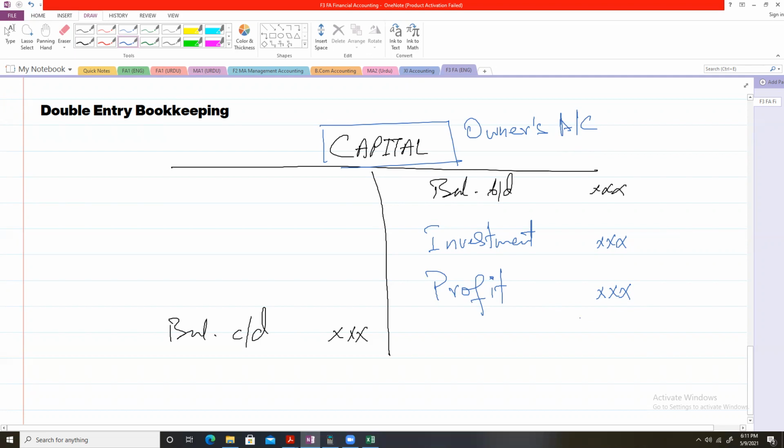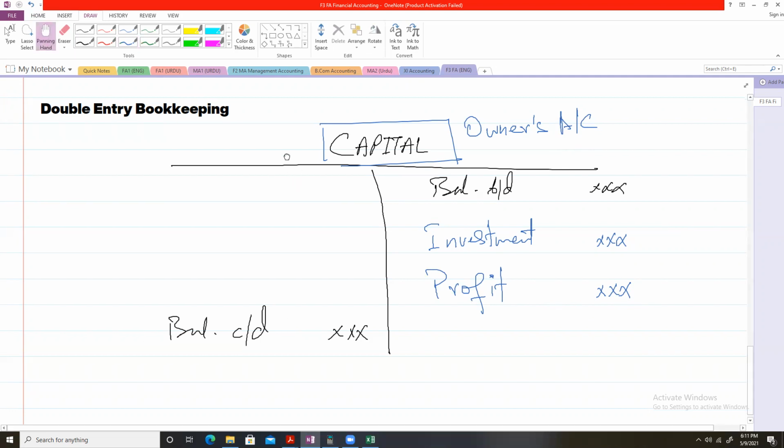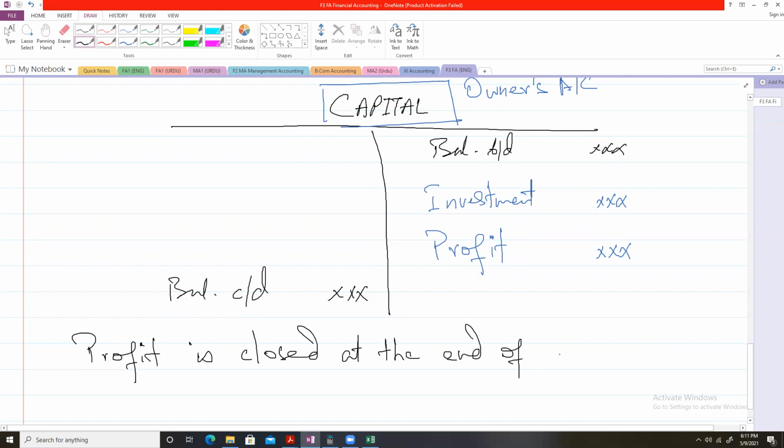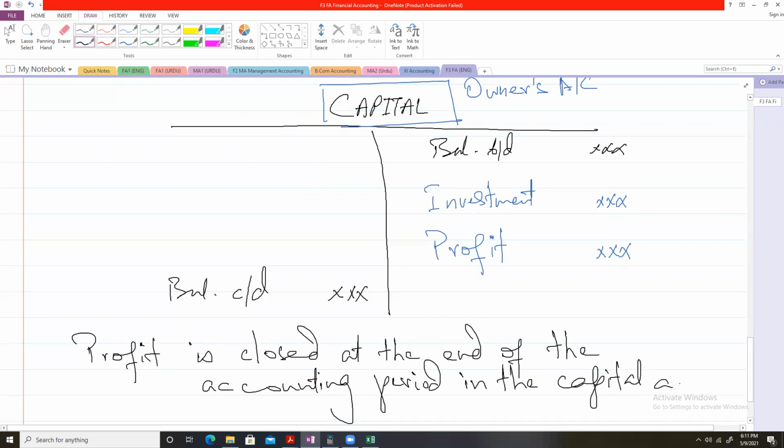This is known as profit being closed at the end of the accounting period in the capital account.